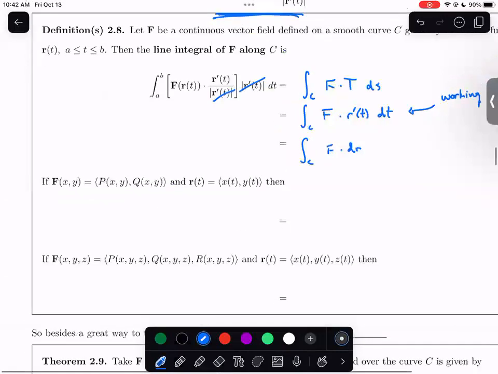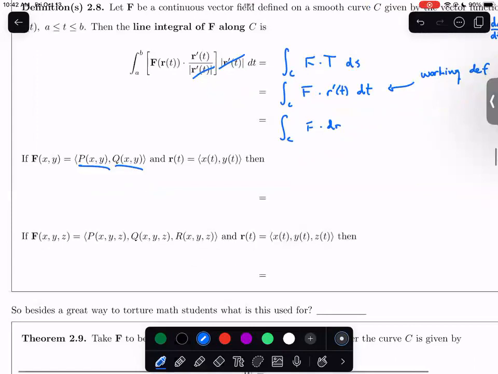Then if your vector field has named components, so P's and Q's and stuff like this, then you could go ahead and write this as actually evaluating that dot product out. And this is going to be what? P dx plus Q dy. That would be a fine way to write that.